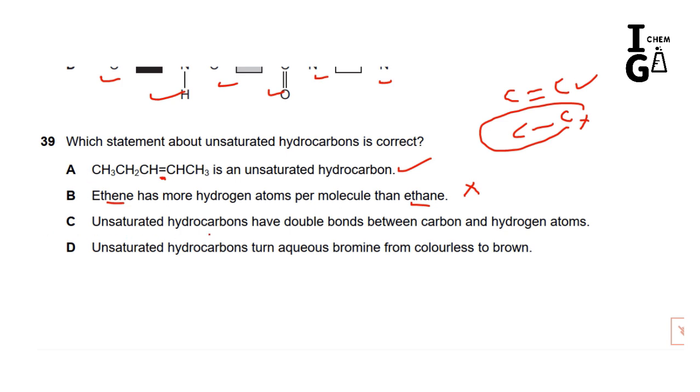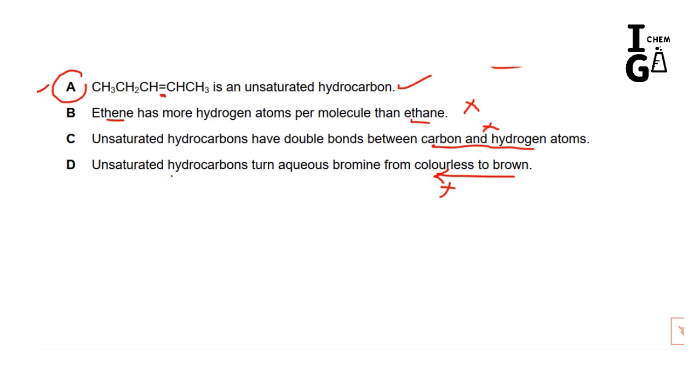Letter C, unsaturated hydrocarbons have double bonds between carbon and hydrogen. This is not correct. It should be between carbon and carbon, as you see. Unsaturated hydrocarbons turn aqueous bromine from colorless to brown. Of course, this is wrong. It should be the opposite, from brown to colorless. It means the correct answer should be A, because this is a double bond between C and C, so this is the unsaturated hydrocarbon.